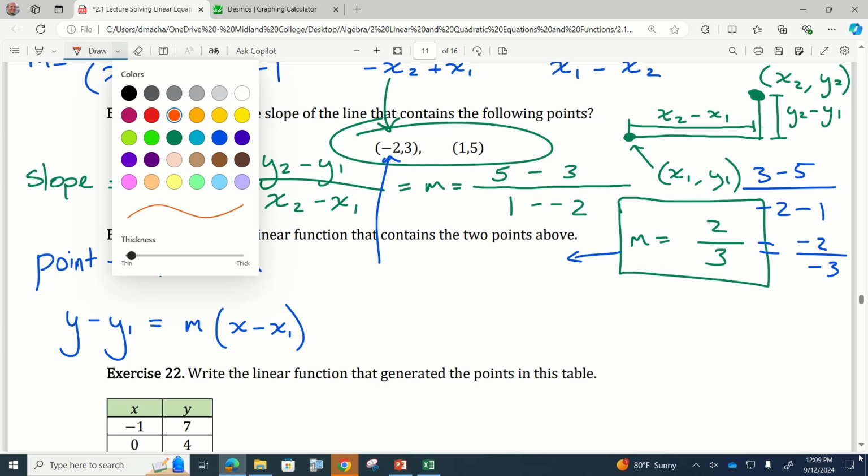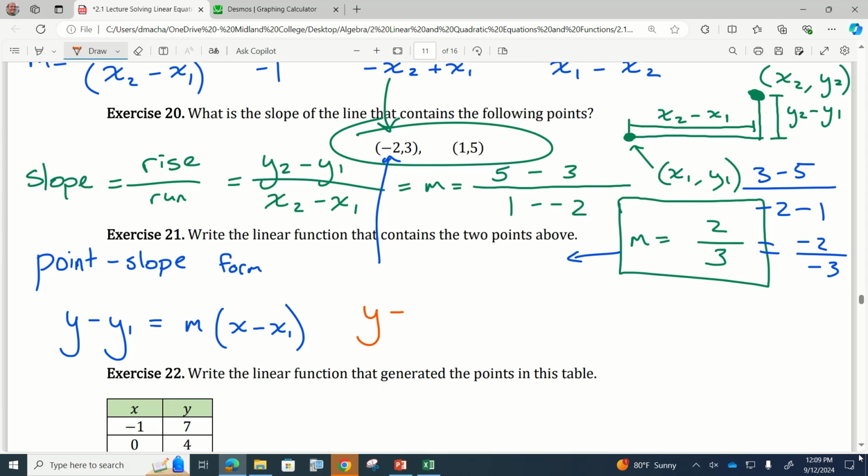And I'll switch colors because for us, y1 is the number 3, because that's my first point, and that's the y coordinate. My slope, we just found the slope, that was 2/3. x1 is -2, because that's the x coordinate of my first point.